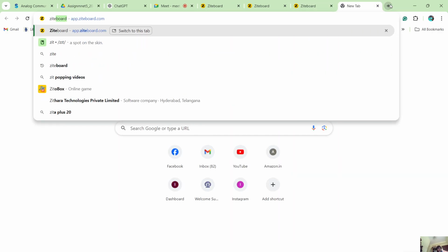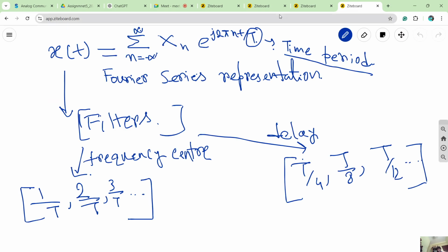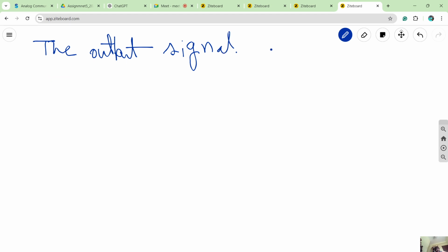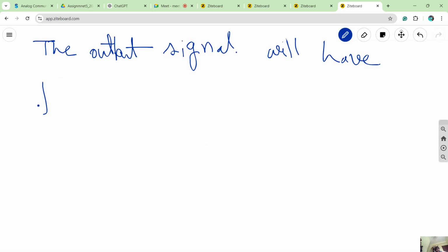From this, we can say the output signal will have a frequency specific delay.